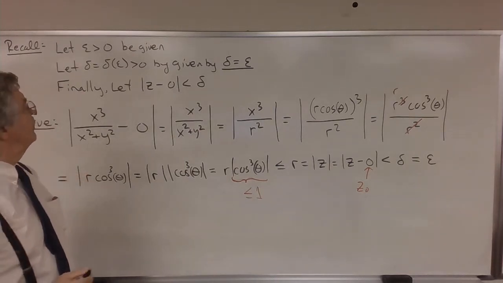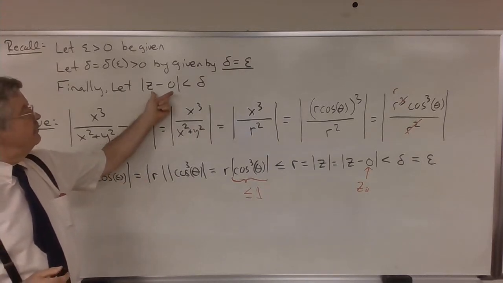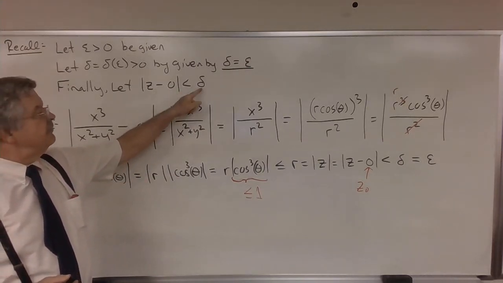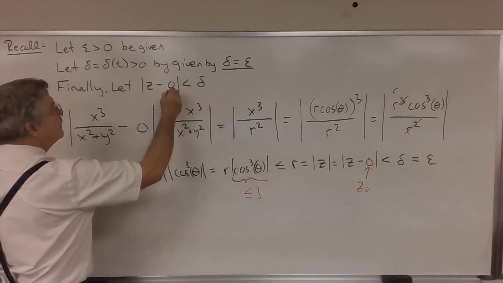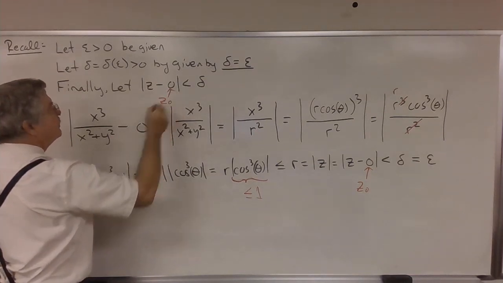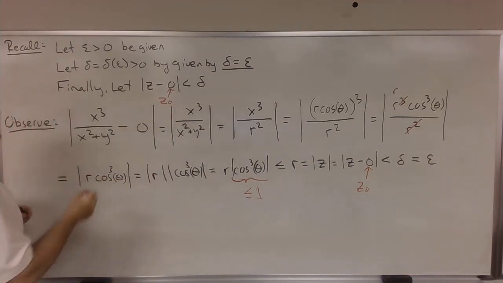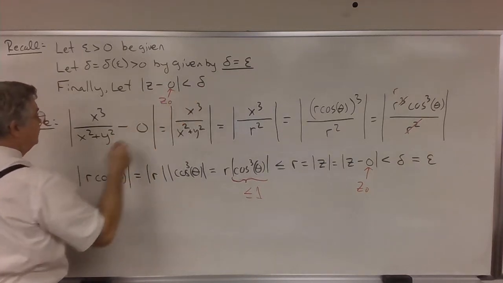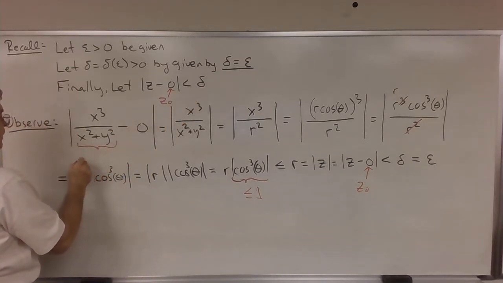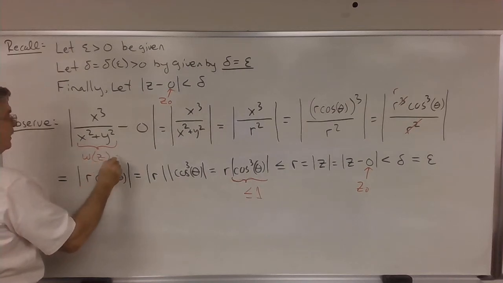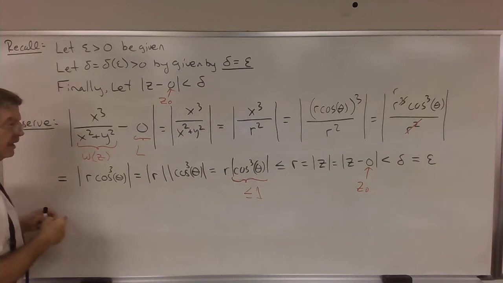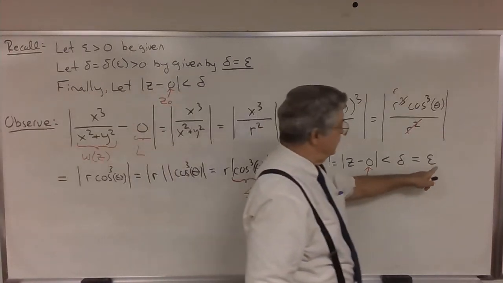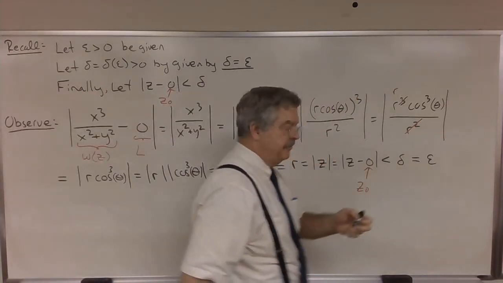In this example, we've shown that the modulus of z minus z naught less than delta implies, and let me write z naught back here since we're restating what we just did, z minus z naught less than delta implies w of z minus our limit is less than epsilon. That's what we've shown.